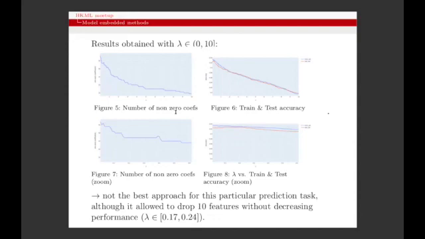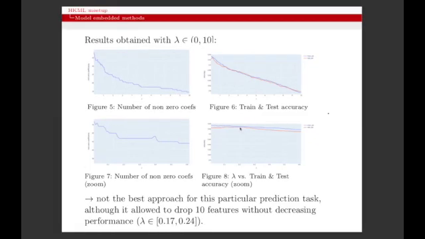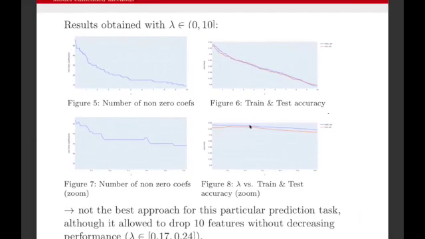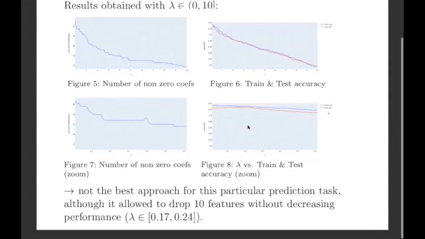We can see that the number of non-zero coefficients decreases as lambda increases, and that it allows to moderately increase test set accuracy for lambda between around 0.2 approximately. And then the test set accuracy and the training set accuracy both decrease.